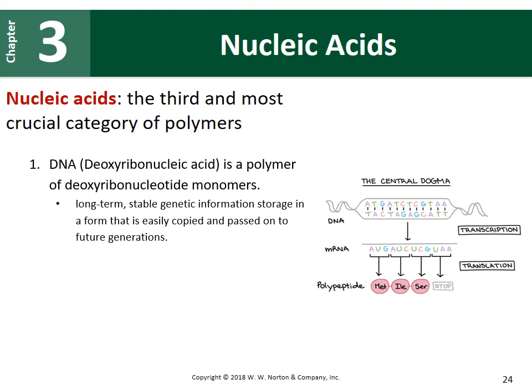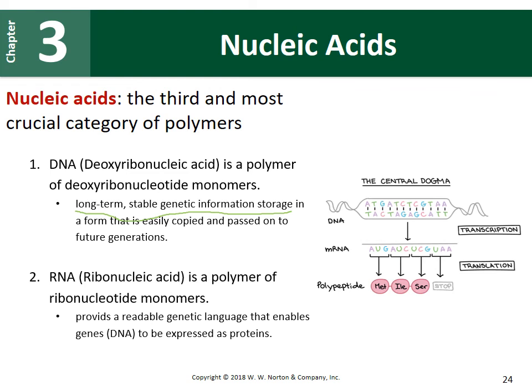The function of DNA is it provides long-term, stable genetic information storage. DNA is found in our cells, in the nucleus, and it stores all of our genetic information. That genetic information is very stable and it can be easily copied and passed on to future generations.